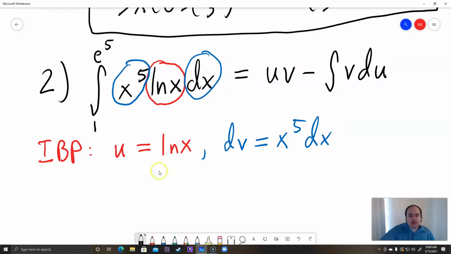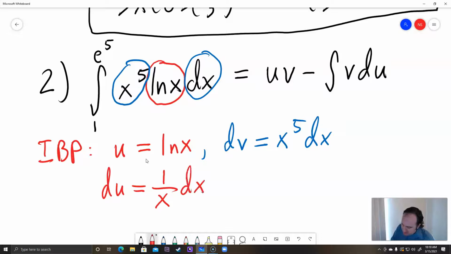You get du by taking the derivative of u, so du equals 1 over x dx. And with these, you don't want to isolate your dx. You want to just leave it as 1 over x dx, because that's how integration by parts works. You want your du to be in the form something times dx.